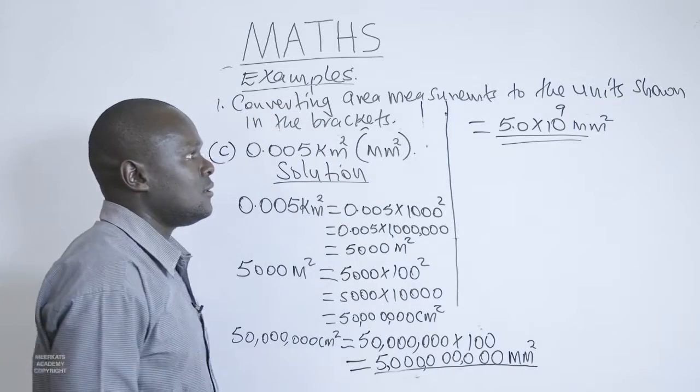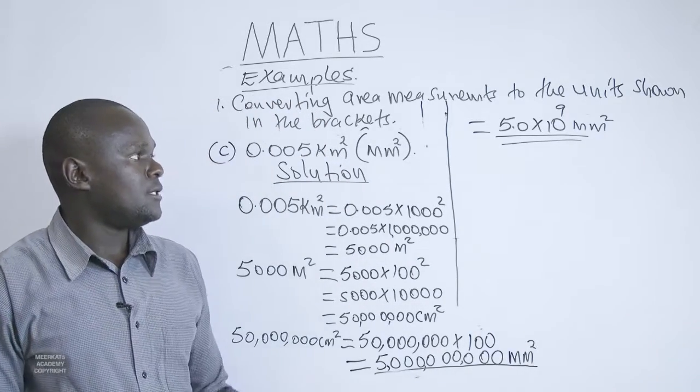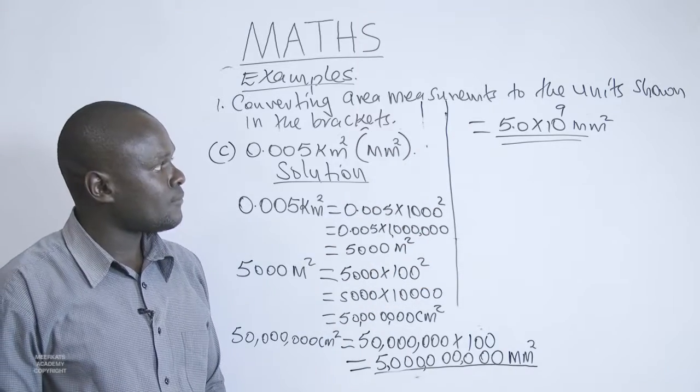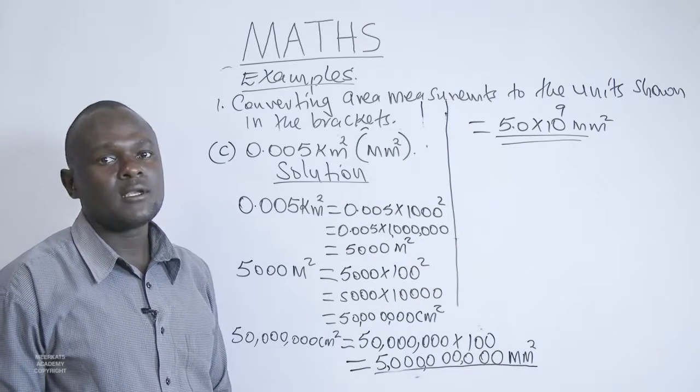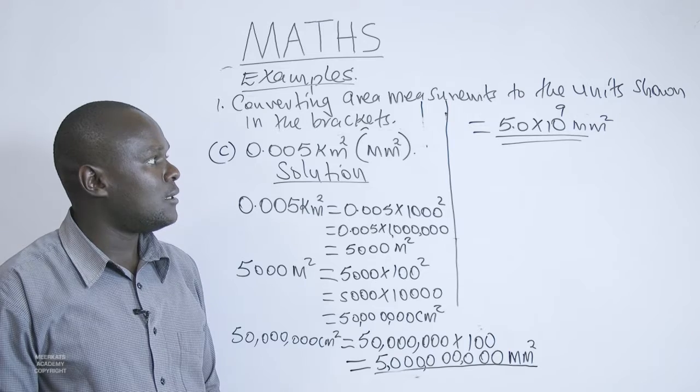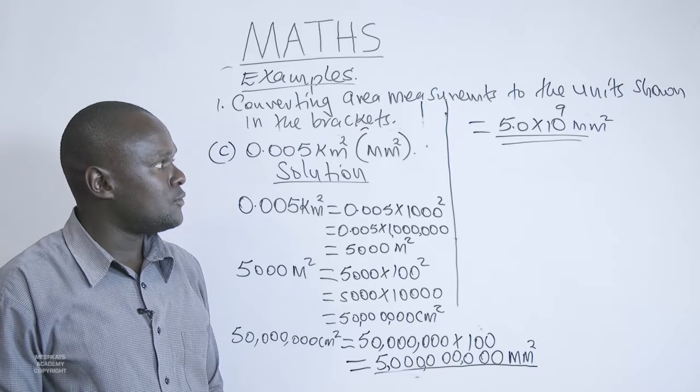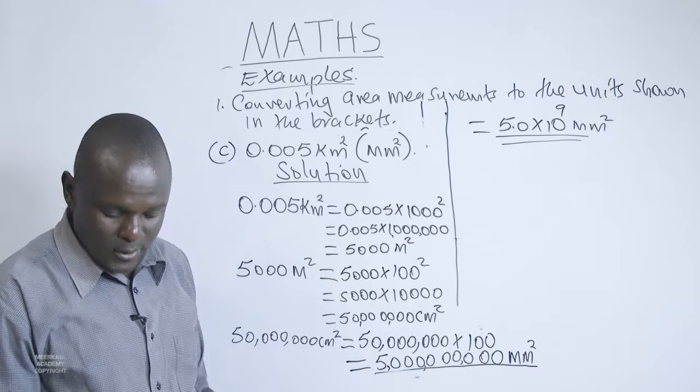This number is a bit shorter, and it is a universal number. The standard form of expressing numbers is universal, so this one is also allowed.